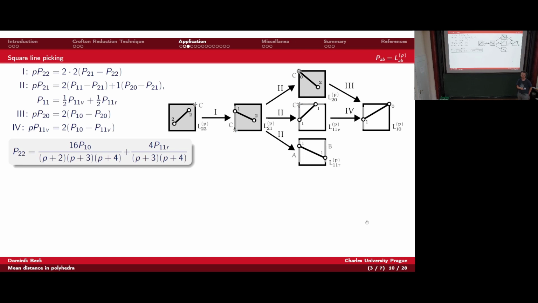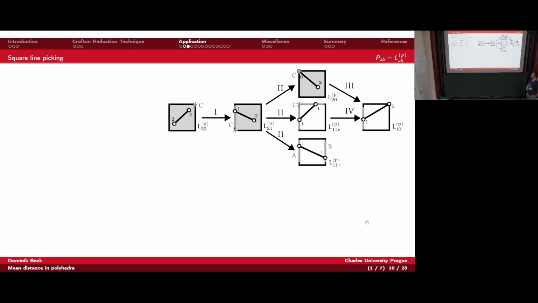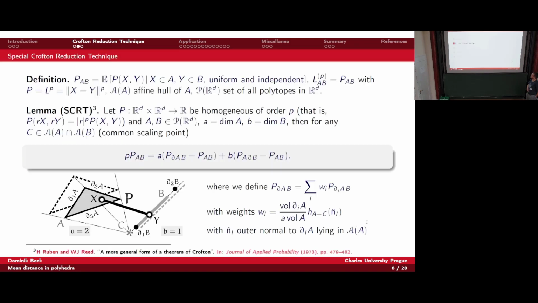In the case P10, you can take the point on any of the four sides? No. It cannot be on the adjacent side. This point 0 cannot be located in here. There are some hidden assumptions, but I wanted to avoid those.